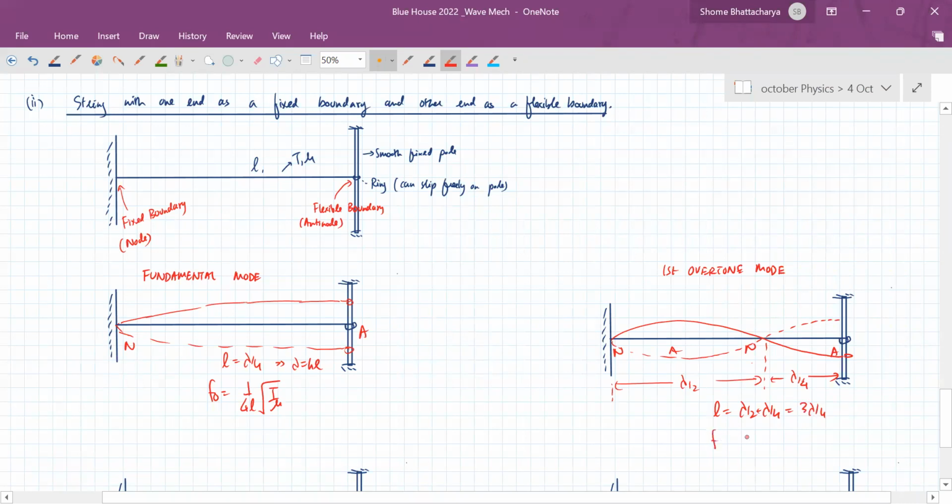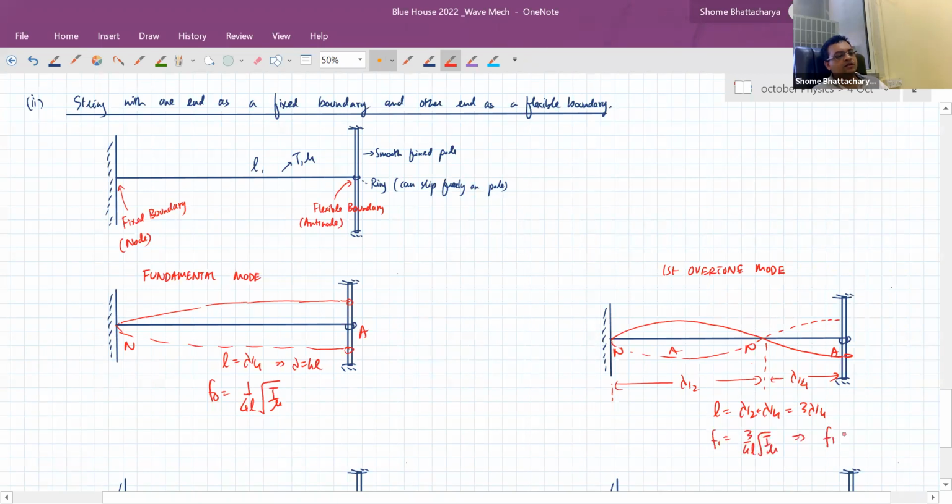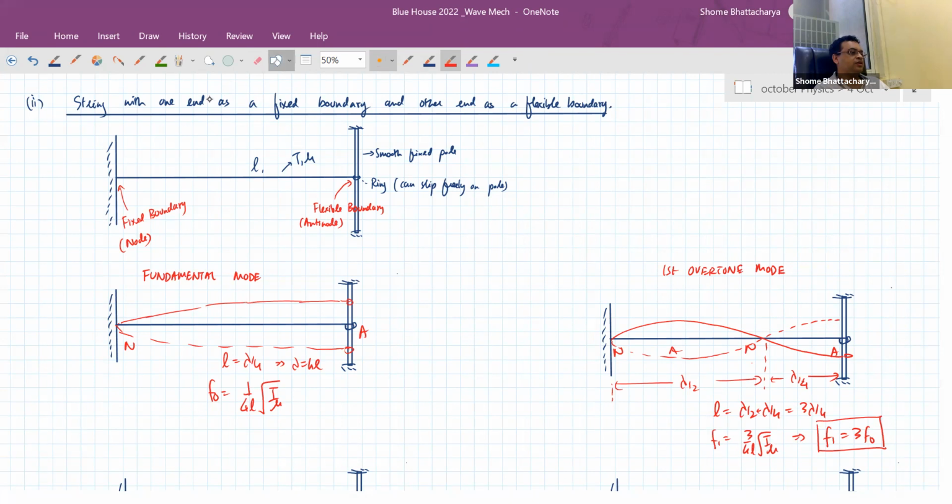So the frequency of the first overtone, you can see, will become 3 by 4L square root T by mu. So this has a different formula compared to what we've seen. The first overtone here is the third harmonic of the fundamental. That means the second harmonic does not exist. So in this kind of a system where one boundary is rigid and one boundary is soft or flexible, we'll see that in the resonant series or natural modal series, only odd harmonics exist.